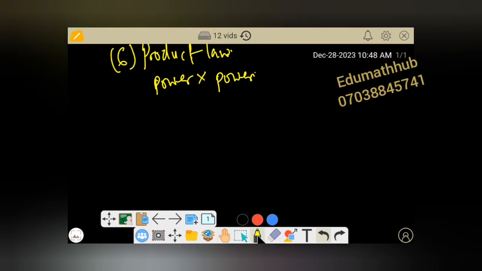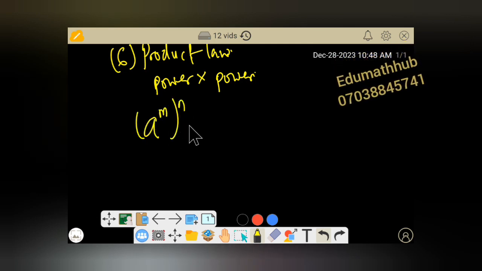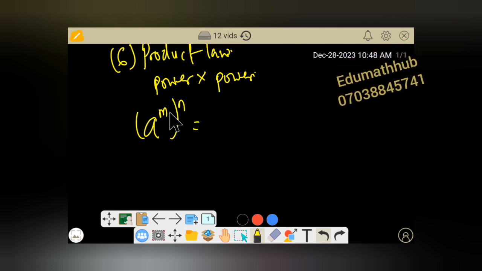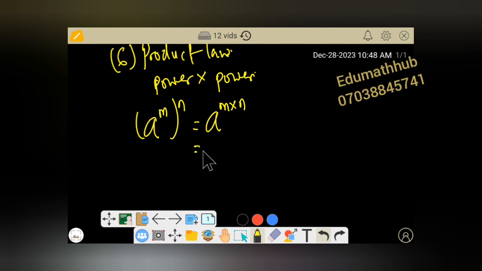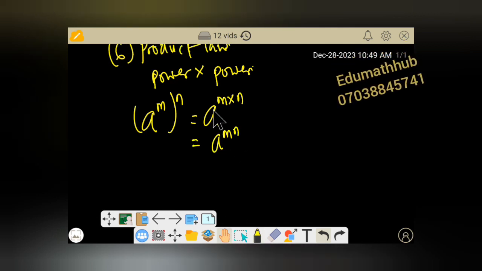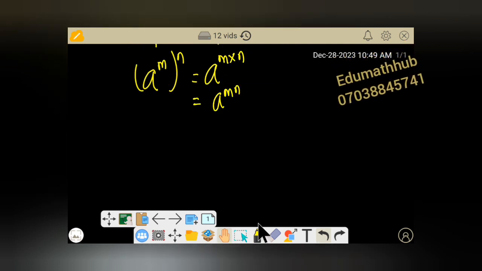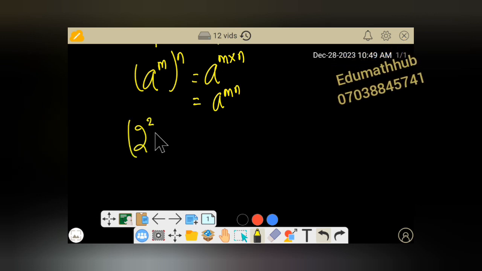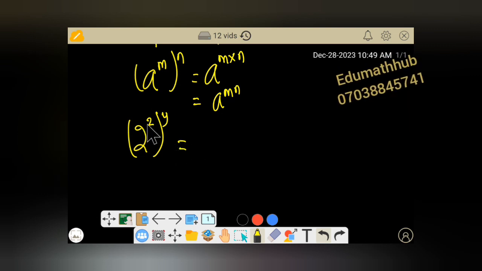You have a to the power m, all raised to the power n. So this is a power here. This one is also a power. So both of them can multiply. It will be a to the power m times n, that will give you a to the power mn. So pretty straightforward, very, very simple. If you have something like this, maybe 2 raised to the power 2, all raised to the power y, this 2 can multiply this y.